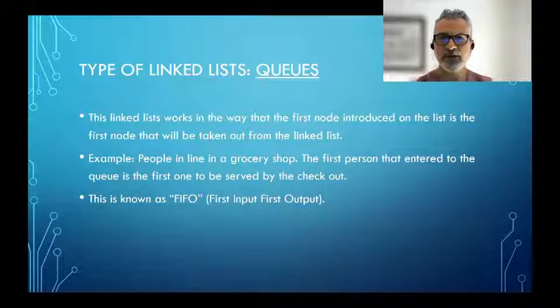The first person that was introduced in the queue, in line, is the first one to be served by the checkout. This is known as FIFO, first input, first output. Okay, I think it's very clear.